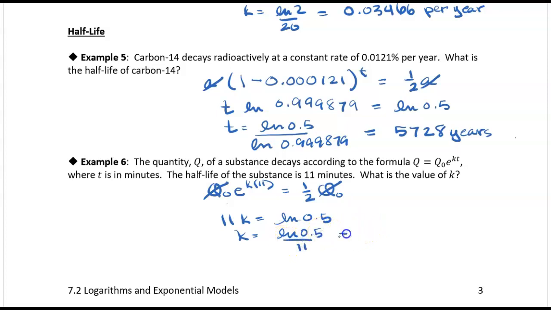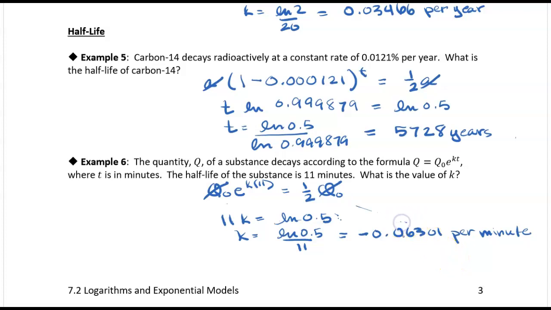That gives me a continuous rate of minus 0.06301 per minute. Make sure you're clear about that. Because our half-life was in minutes, our decay rate is in minutes, so you have to be careful about that.